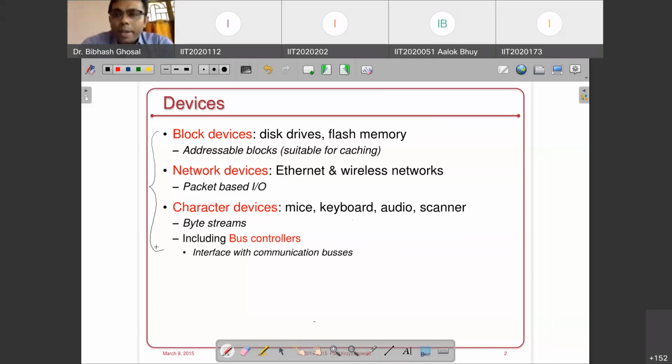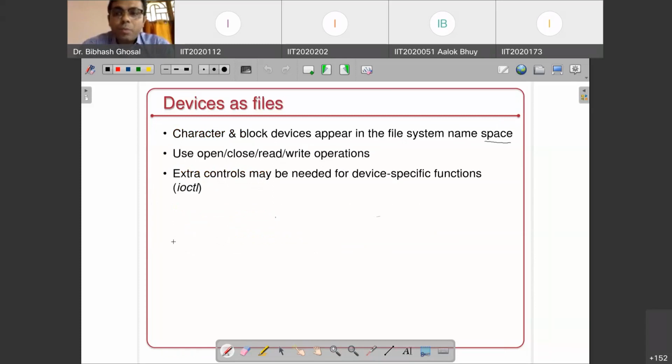The way that the OS provides the interface, one of the examples that we saw yesterday, is how Unix provides this interface. And it treats the devices very similar to files. Let me give you an example that will make things clear. We saw that yesterday, but I thought I would impress upon this by providing you an example.